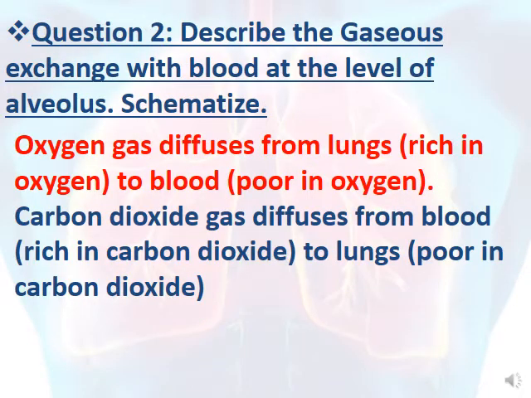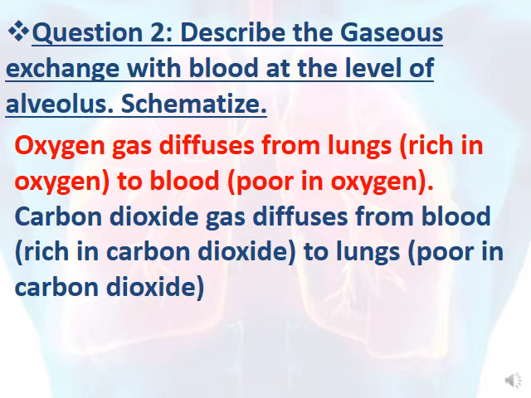Question number two says you have to describe the gas exchange with the blood at the level of the alveolus. So the oxygen gas diffuses from the lungs medium that's rich in oxygen toward the blood, which is a medium poor in oxygen.